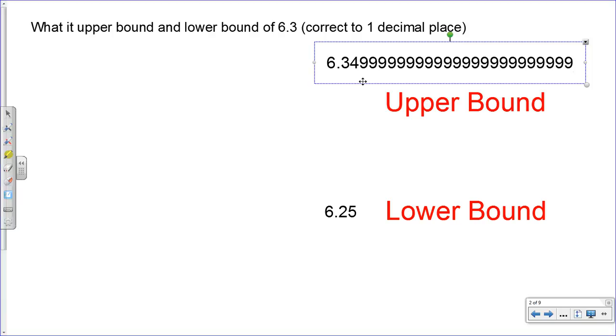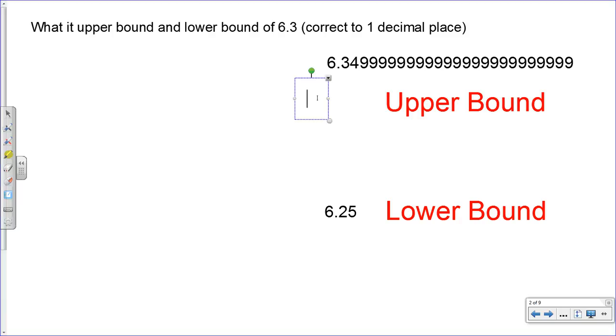It's going to be a lot to deal with. So what mathematicians generally do is they'll change that 6.349999 recurring to 6.35. So that would be the upper and lower bound of 6.3.